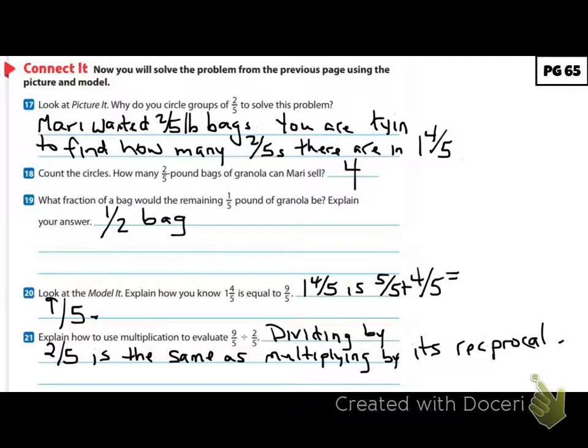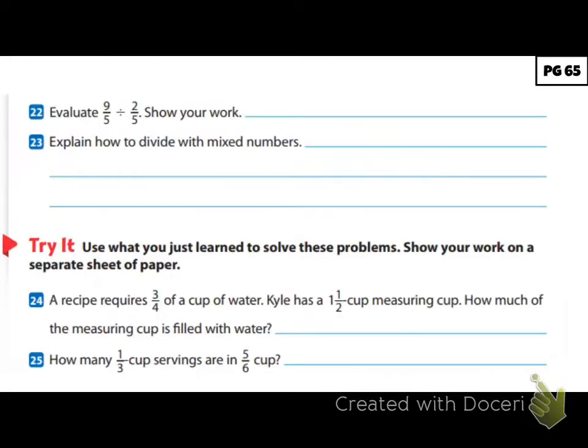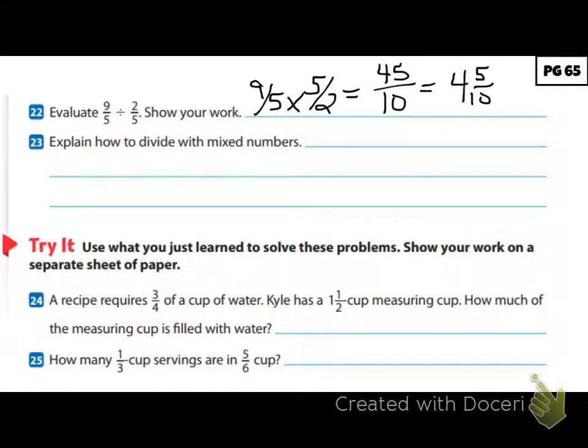So get this written down, 22. Evaluate 9/5. Once again, evaluate just means solve. So this is 9/5 times the reciprocal, which is 5/2, equals 45 over 10, which is the same as 4 and 5/10, which is the same as 4 1/2.